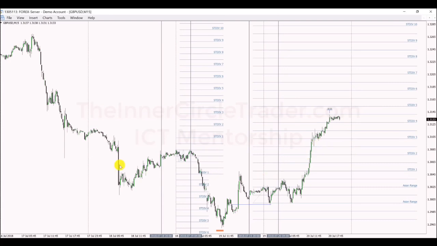So we have our standard deviation overlaid on the cable. And we have our level right in here. Lines up beautifully with our low of the day.